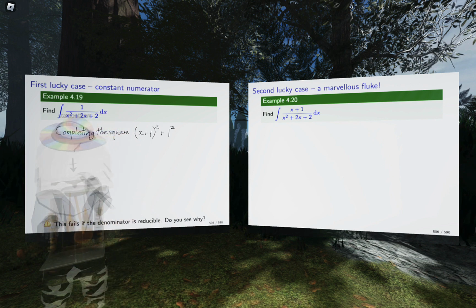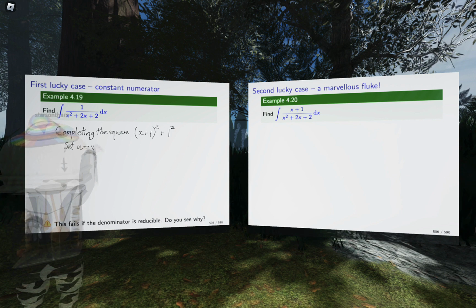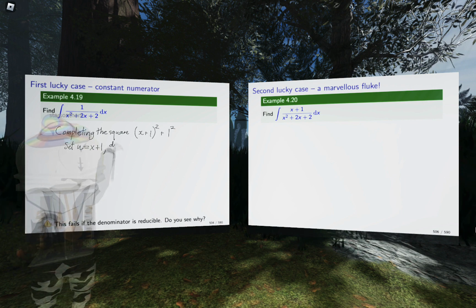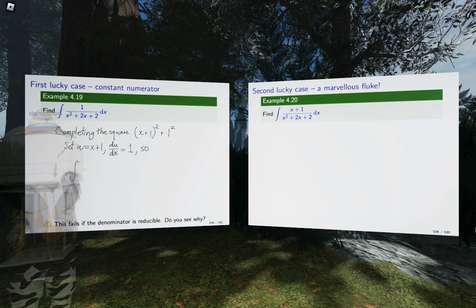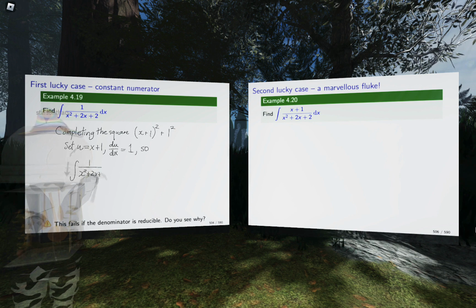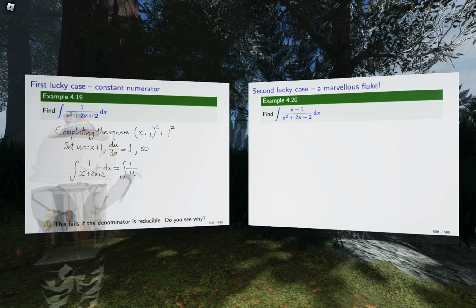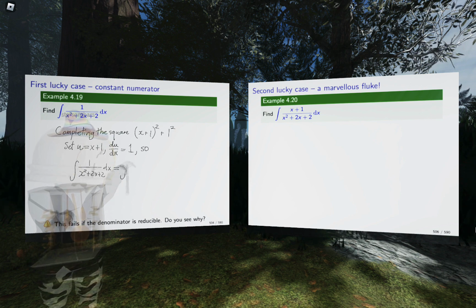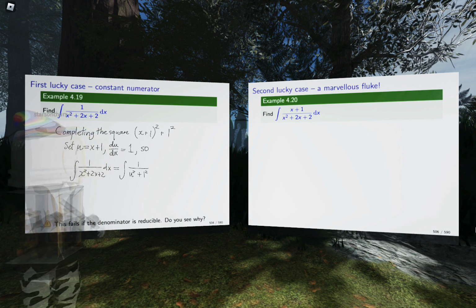Right? All right, so now set u equals x plus 1, du dx is 1. So the integral of 1 over x squared plus 2x plus 2 is the integral of 1 over u squared plus 1 squared. You don't have to write 1 as 1 squared if you don't want to.